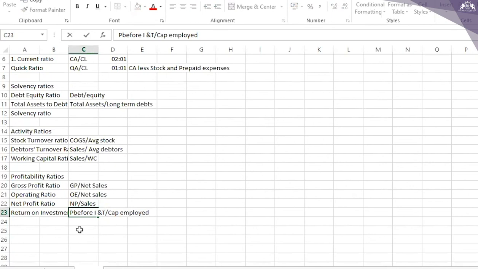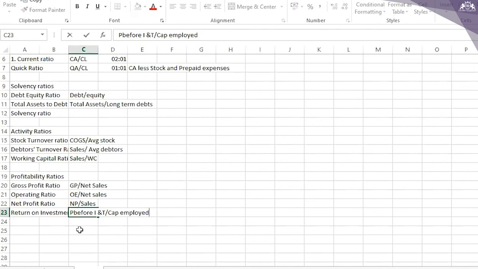What is the overall efficiency of the company, and what is the return on investment being provided to the owners of the business? If I have employed capital in a business, is it giving me good returns? If it is not giving me good returns, I better put that money in a fixed deposit and earn minimum interest.